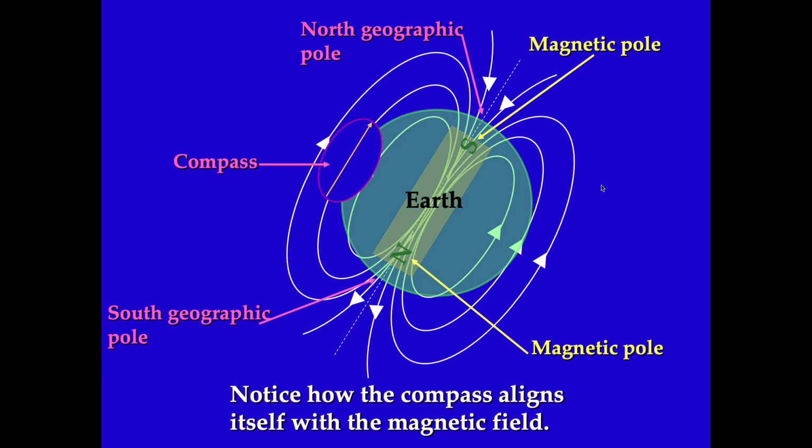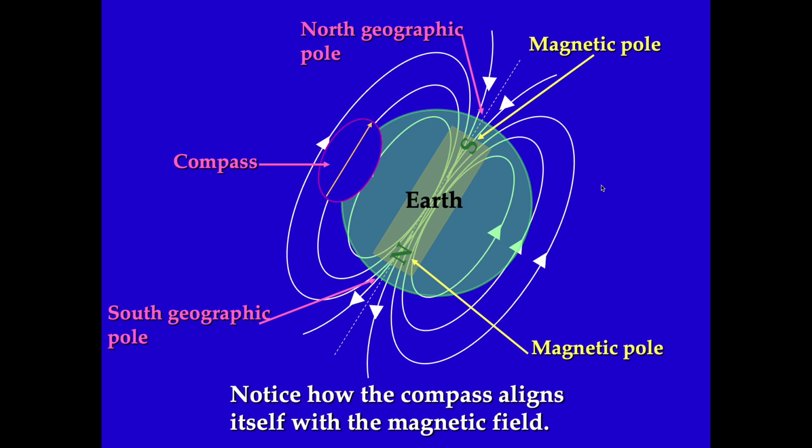Yeah, the south is at the top, where the North Pole would be. That's right. The south pole of the Earth's magnetic field is near the Earth's North Pole. But they're not in the same spot, right? They're slightly different. Yeah, they're off a little bit. Because I know that if you go magnetic north, you don't reach the North Pole.